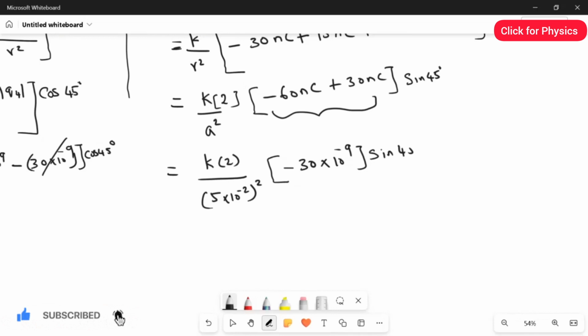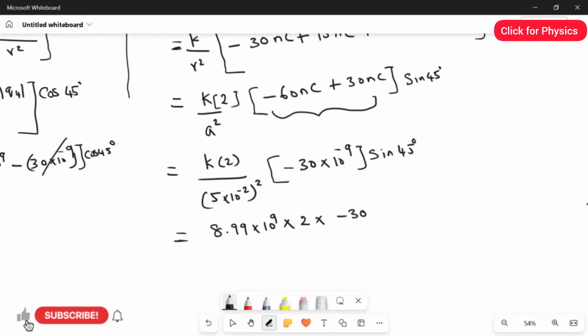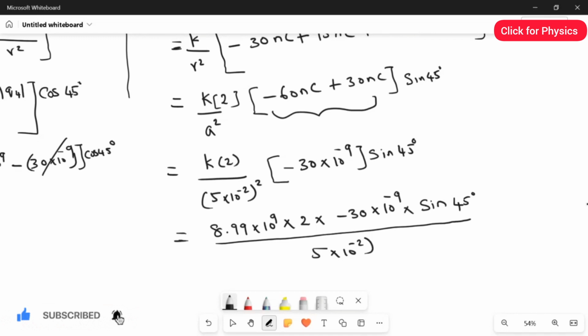Now we substitute the value for k: 8.99 multiplied by 10 power 9, multiplied by 2, multiplied by minus 30 times 10 power minus 9, multiplied by sine of 45 degree, divided by 5 multiplied by 10 power minus 2, whole square.